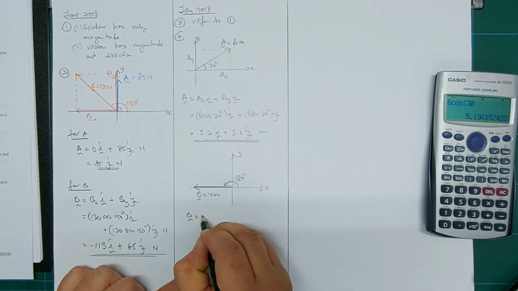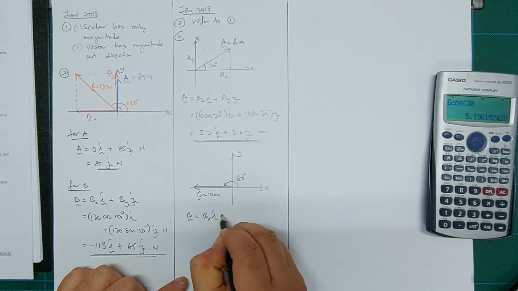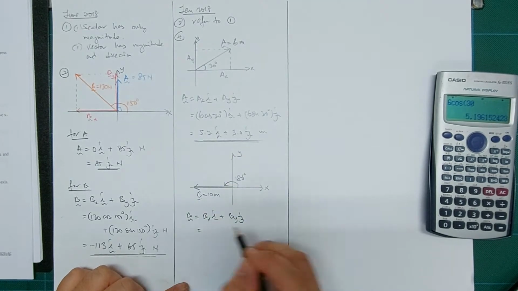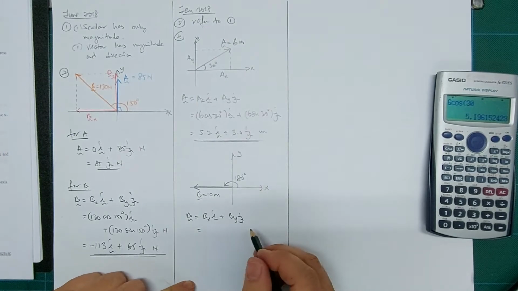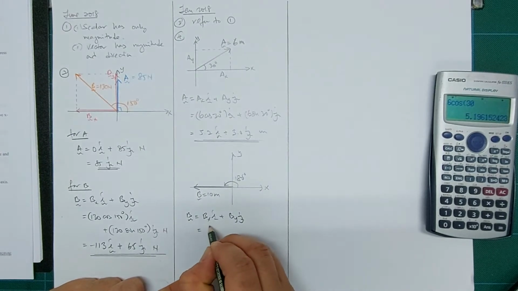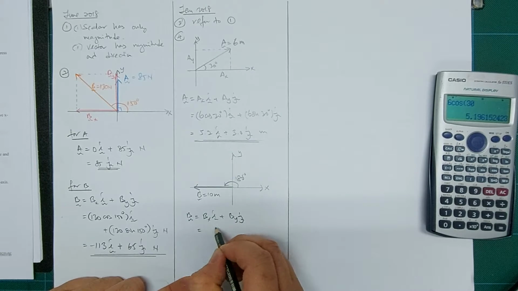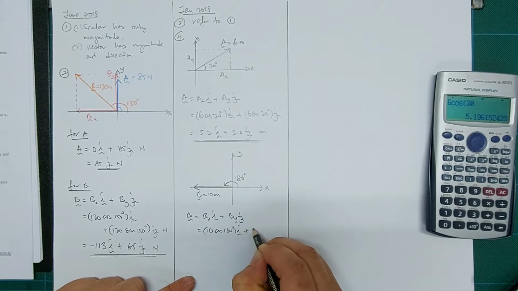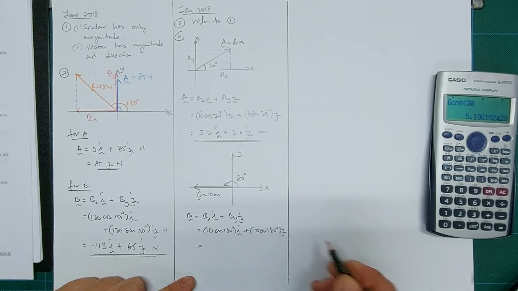Or if you really want to follow the protocol, you can do so. If this is the only question you can do out of all the questions, then you can spend your time doing all these things. Bx, we know using cosine, is 10 cosine 180 i plus 10 sine 180 j.